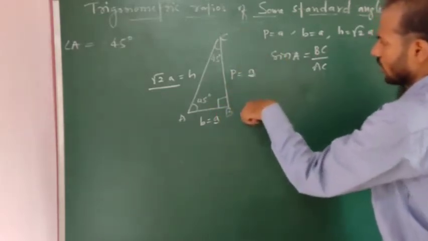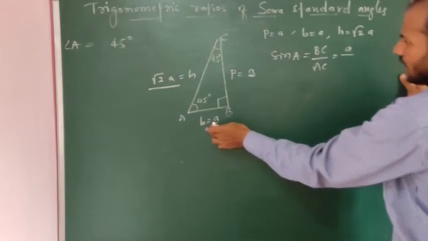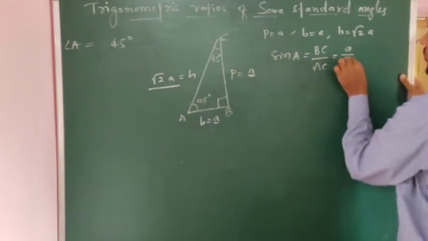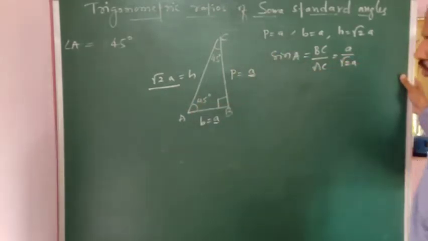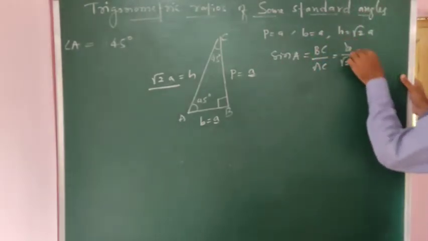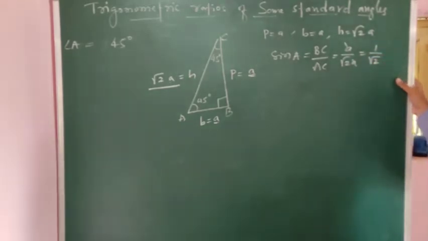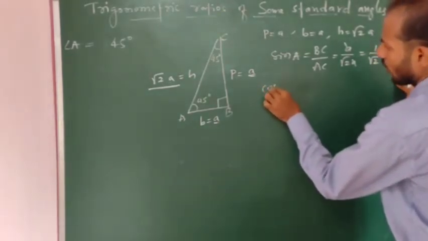Here BC is a, and AC is root 2a. Now a gets cancelled. What we get here? Only 1 by root 2. Next, cos A.